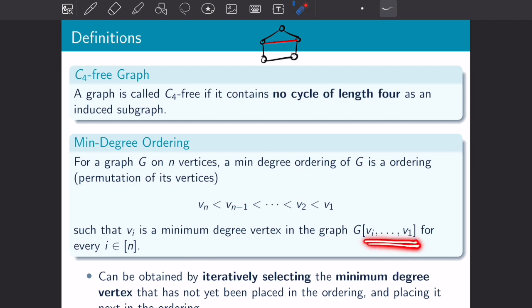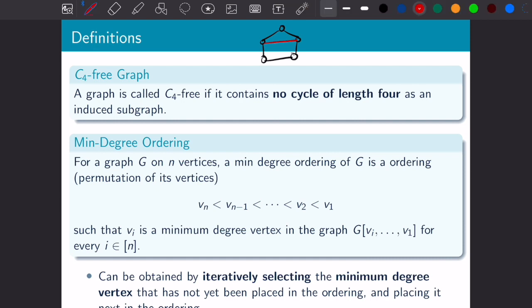You can think that we can obtain a min degree ordering of the graph by iteratively selecting a vertex of minimum degree, removing it from the graph along with its corresponding edges, and in the remaining graph again selecting a vertex of minimum degree, removing it from the graph, adding it to the list, and continuing so on.